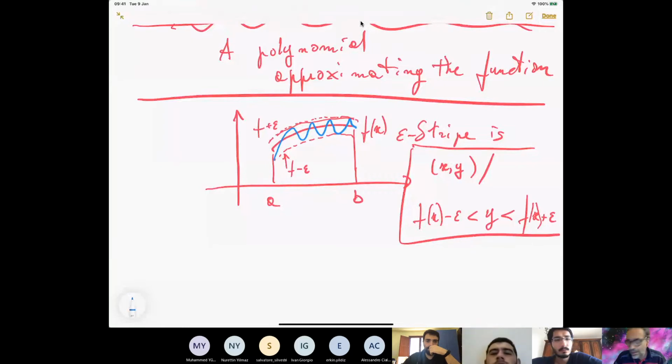He proved it with a very elegant reasoning, which does not allow you to calculate easily the approximating polynomial.